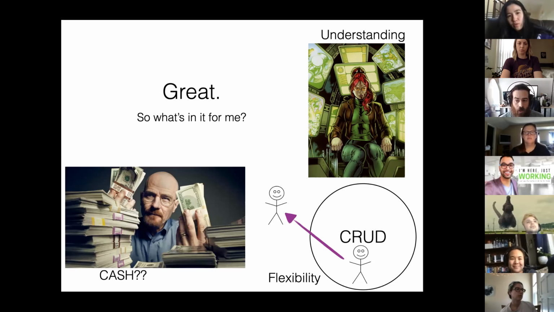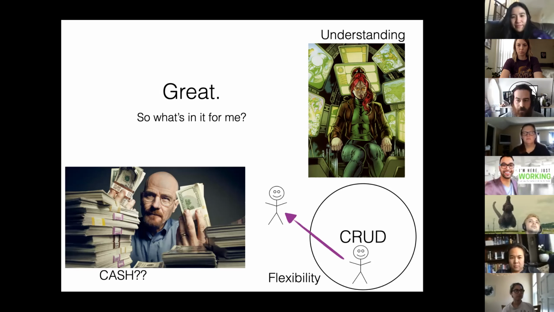And then finally, cash money. Some jobs and some problems require an understanding of algorithms, either because they have problems that aren't amenable to CRUD solutions, or because they have problems at such a scale that you really need to pay attention to efficiency and you can't use a normal database to solve those problems, okay? So this is why we might want to actually learn about algorithms.